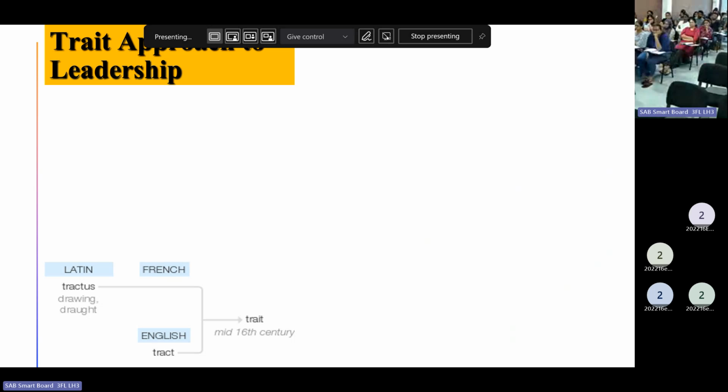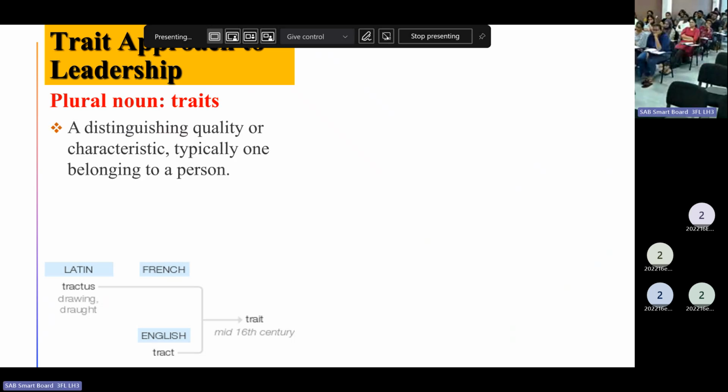So what is a trait, distinguishing it from quality or characteristic? Typically, one belongs to a person. That means what you have, make a note: what the leader has distinguishes them from others. You are taller, you are stronger, like that.